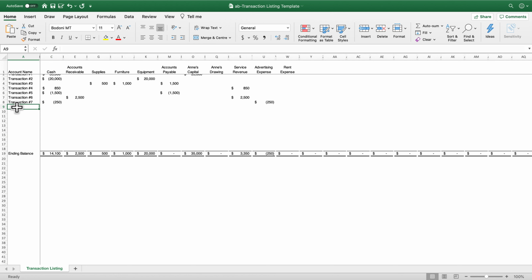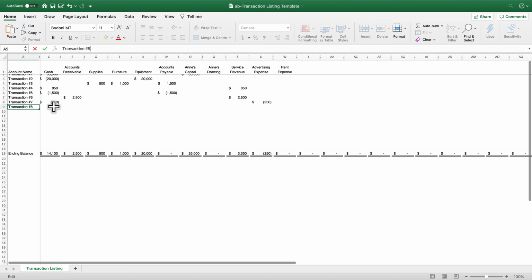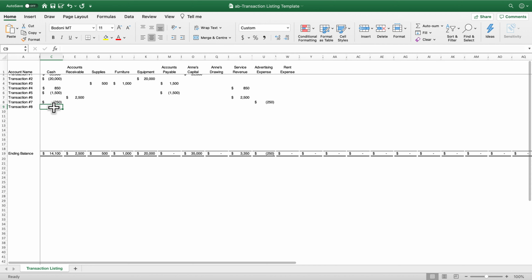Now transaction number 8. Anne receives $300 in cash towards the $2,500 that is owed to her on accounts receivable.